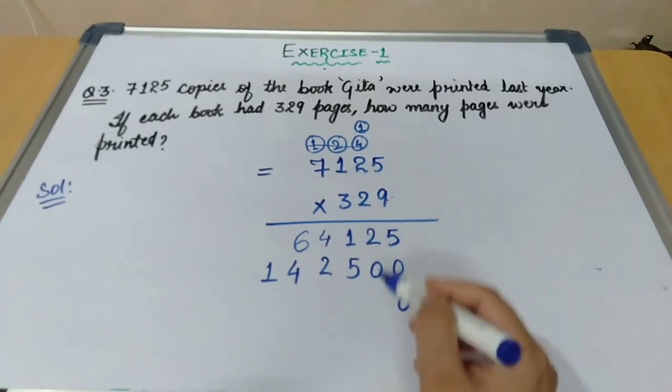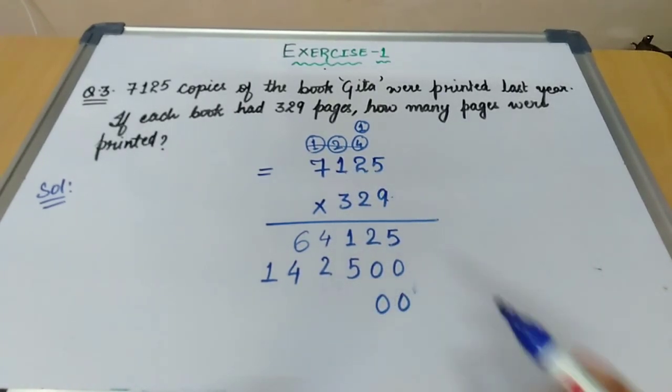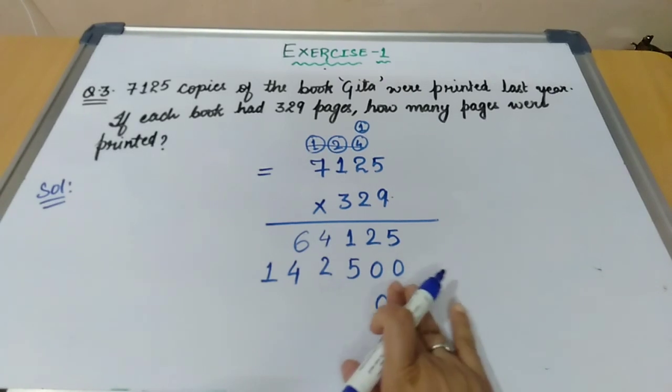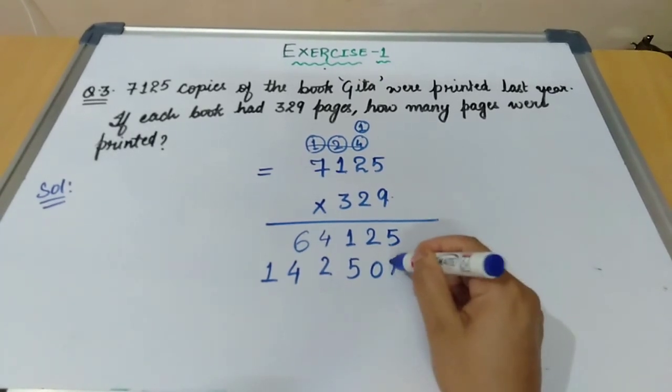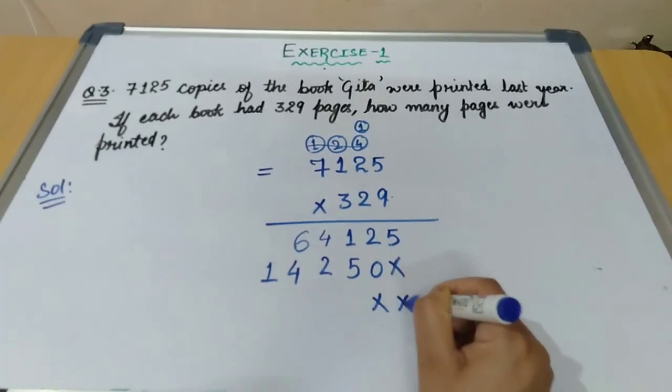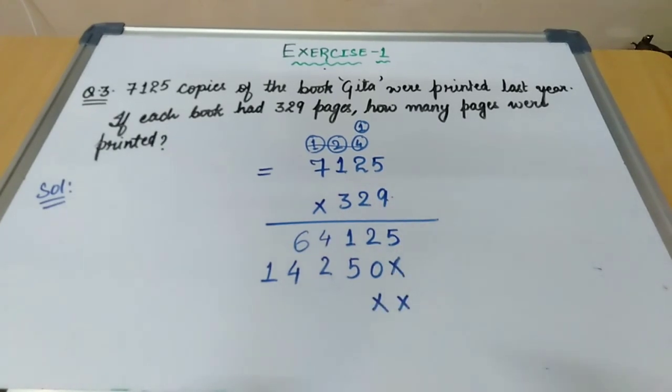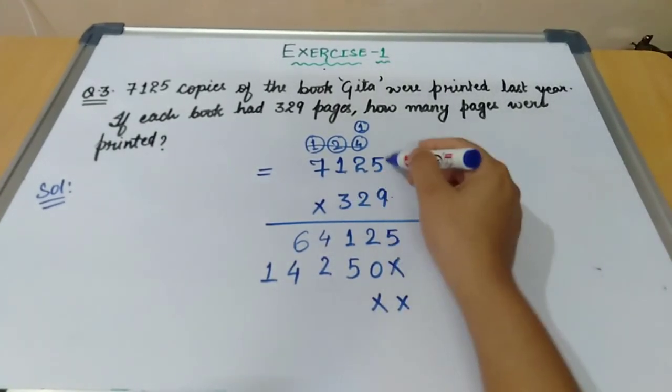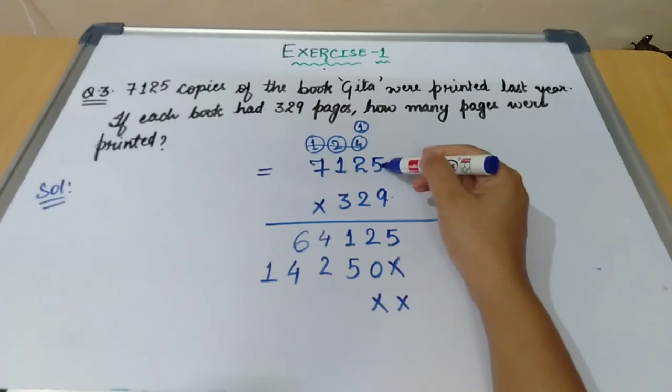See, 3 is at the hundreds place, so we will put 2 zeros. Or if you are getting confused, then you can put a cross to understand from where we have to start writing. 3 5s are 15, or you can multiply it like this also.